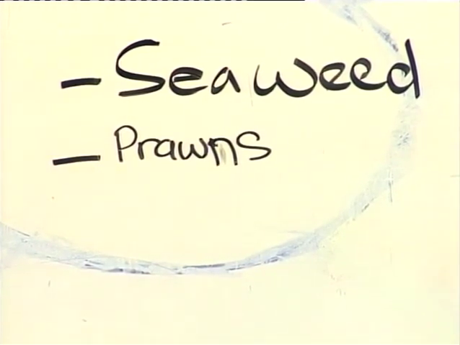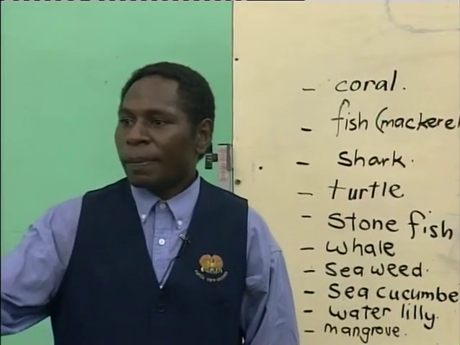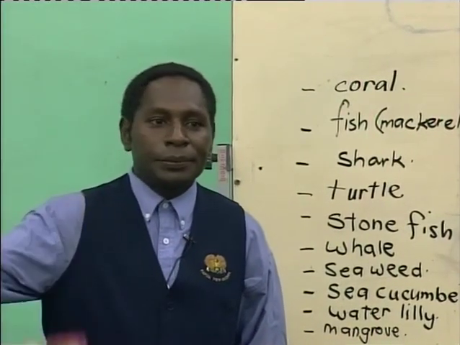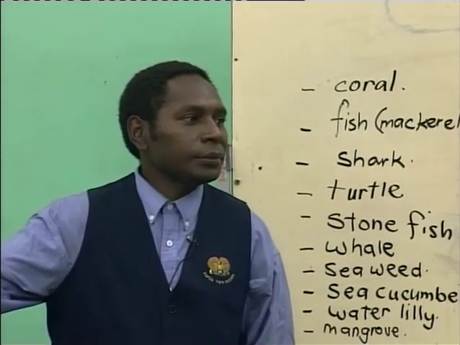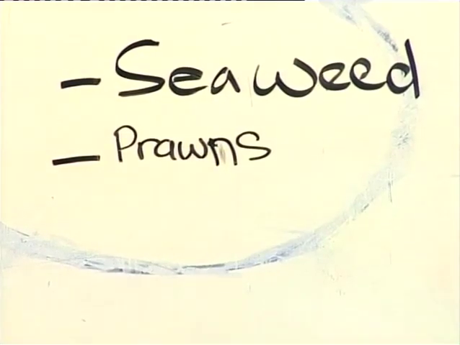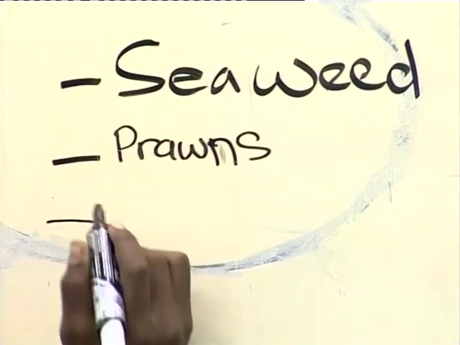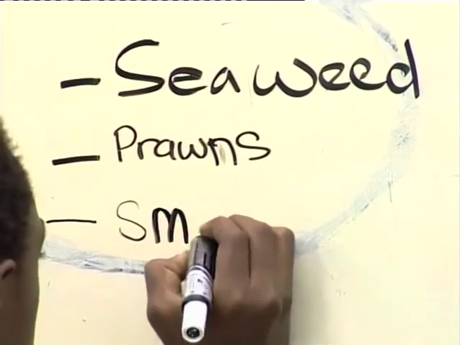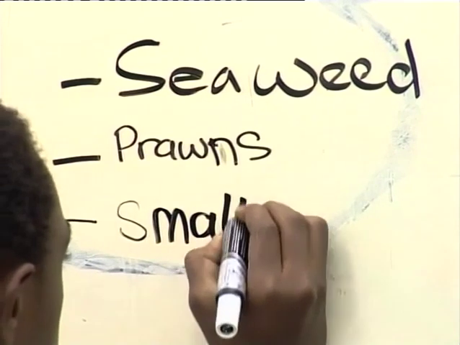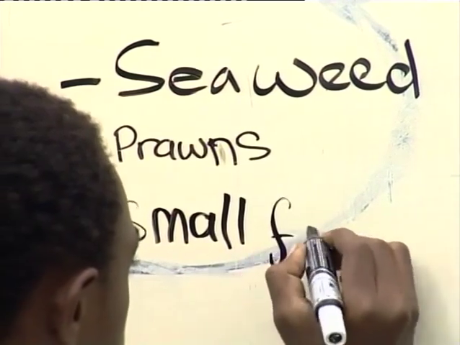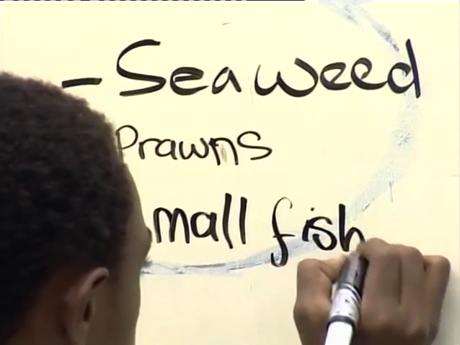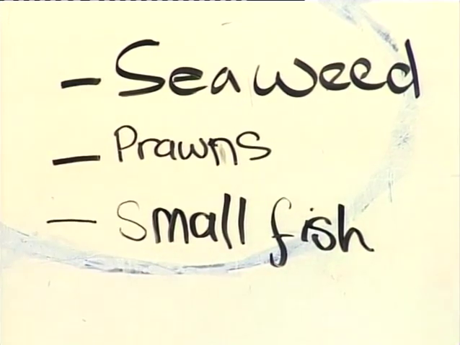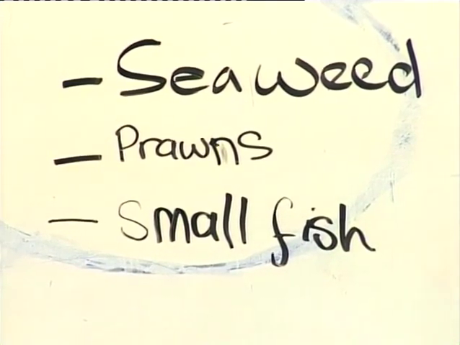Prawns, followed by what else? Kupa. Small fish and Isaac.